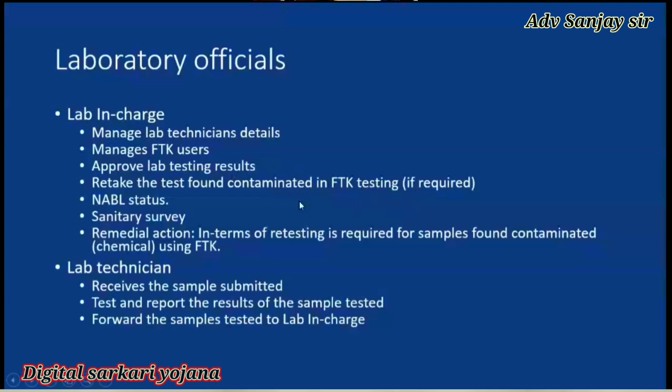If some test is required to be done again, they can retake the test found contaminated in FTK testing. NABL status, they can update their NABL status. So NABL status can be updated by two persons: one is the lab in charge themselves and the other is the super admin. If the super admin wants to update any NABL status, they can update it also.